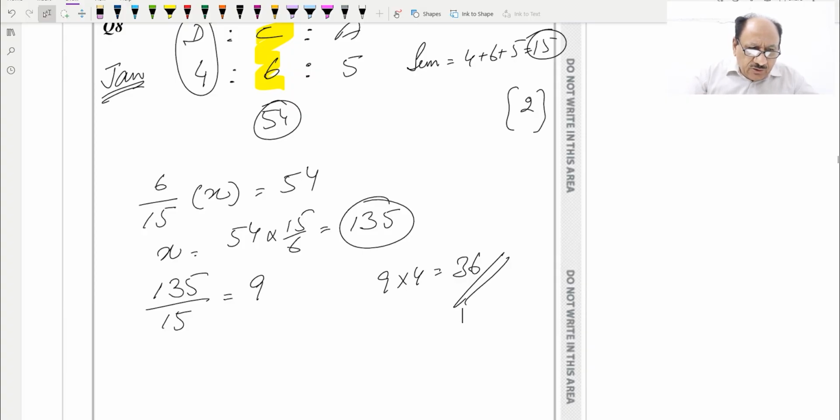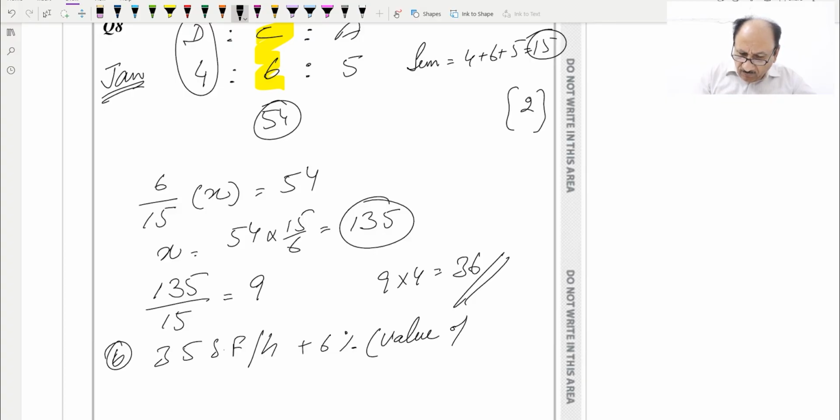She earns 32 Swiss francs for each hour worked plus 6% of the value of the watches she sells.